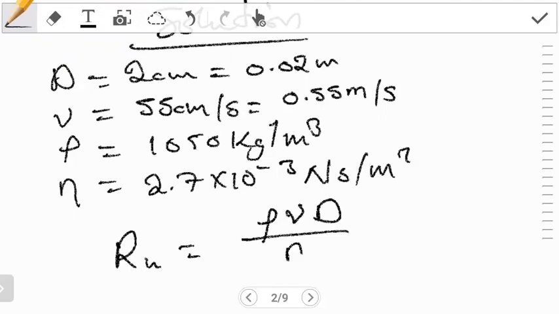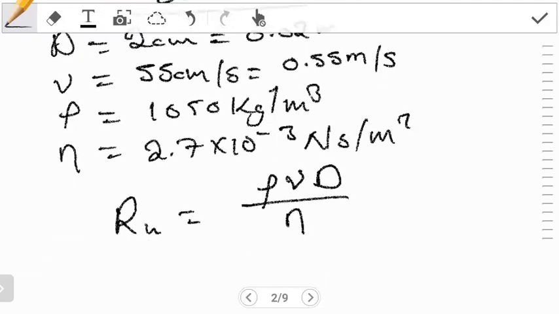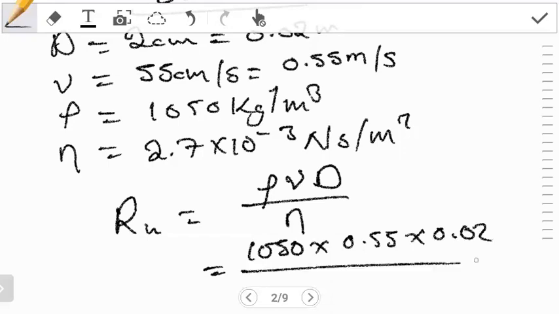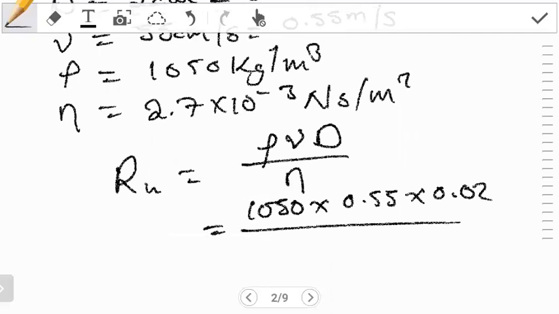The density here is given as 1050. The units are all standard, so I can drop them here. The velocity, I converted it, I have 0.55, multiplying the diameter, that's 0.02, divided by the viscosity, which is 2.7 by 10 to the power negative 3.